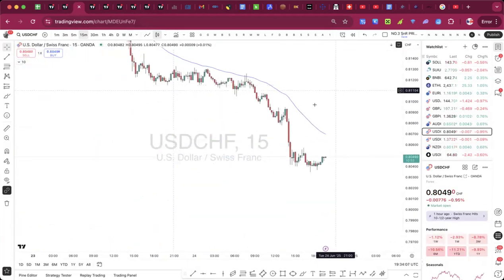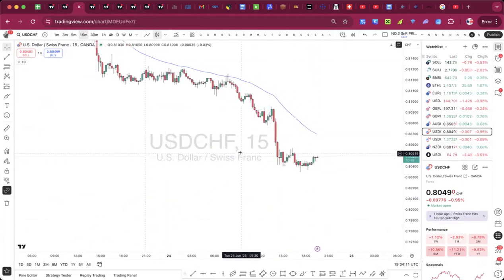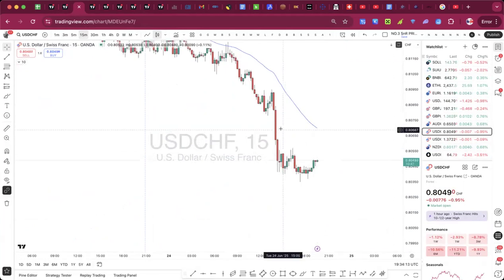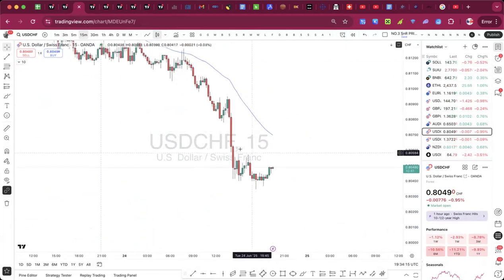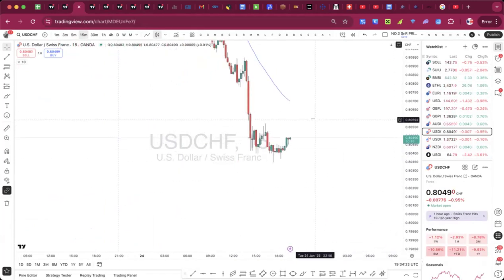All right, so look at it. USD CHF is going down to have a return, a reversal. So this is what happened here. For you to have a strong buy, here we have, this was the high.